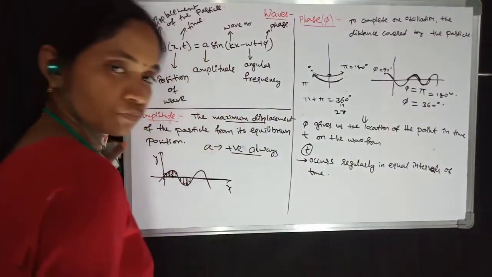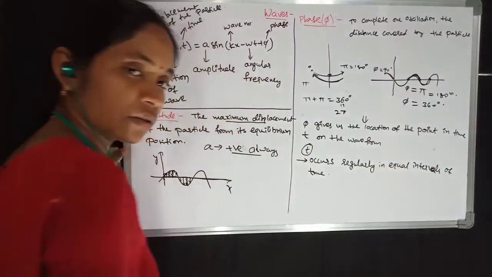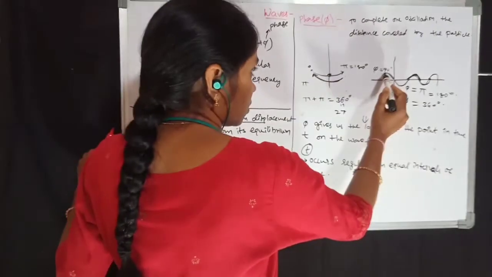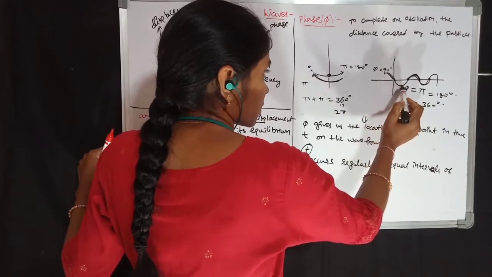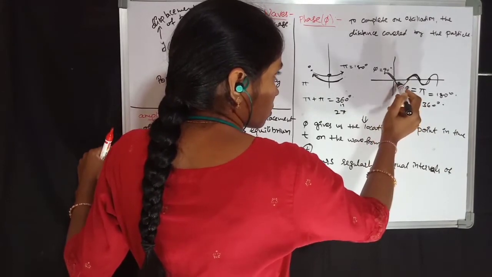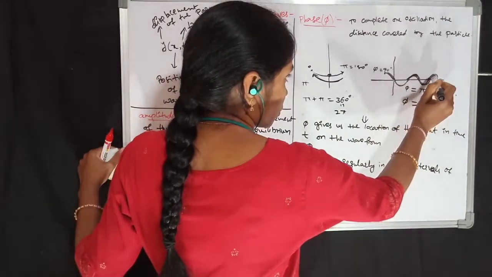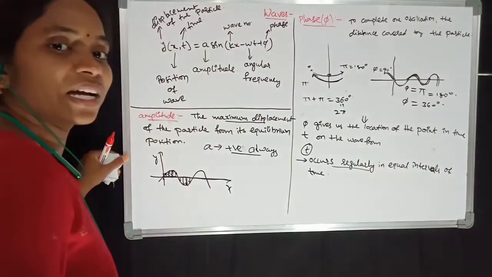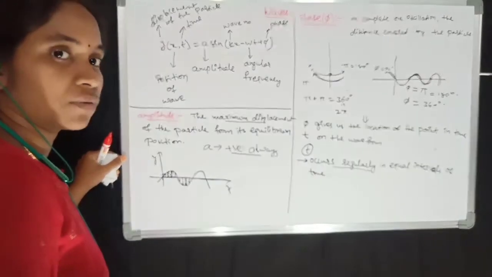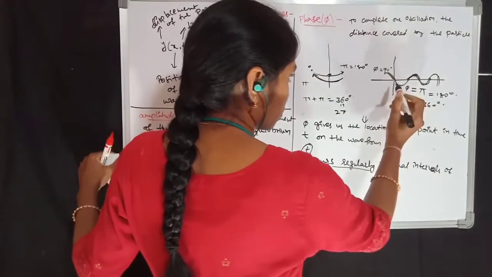That means as the position of the wave changes, initially the wave is here, then after it traveled a distance of x and covered some more distance, it keeps on going. This phi occurs at equal intervals of time.